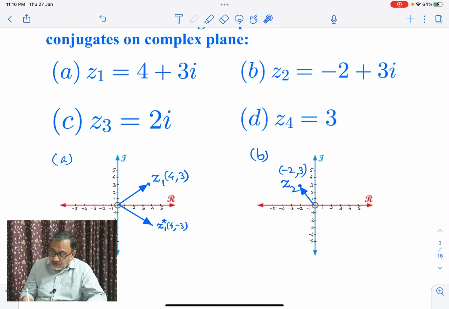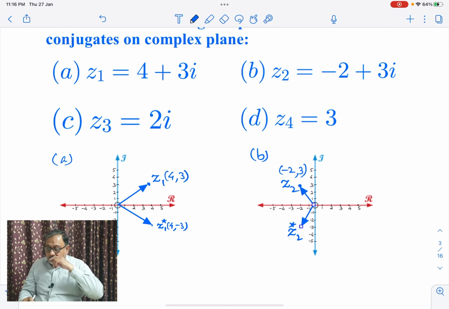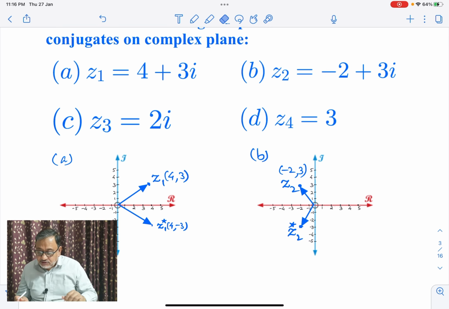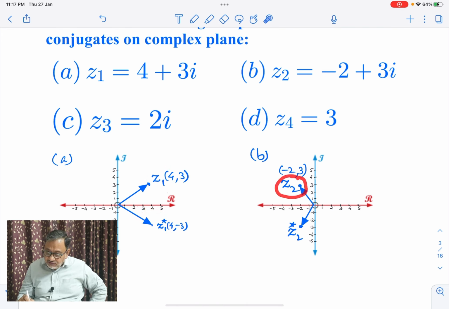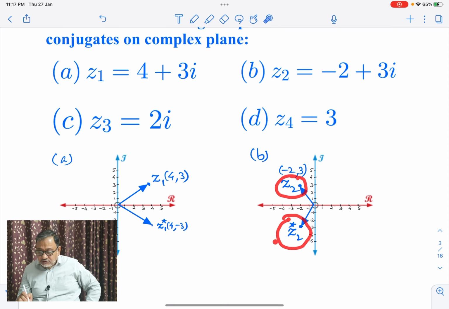So I'll mark that point minus 2 comma minus 3. Somewhere here is that point Z2 conjugate, and the arrow will show it. So I hope you understood this also. So Z1 has Z1 conjugate, which is the reflection in the real axis. Z2 has Z2 conjugate, which is the reflection in the real axis.